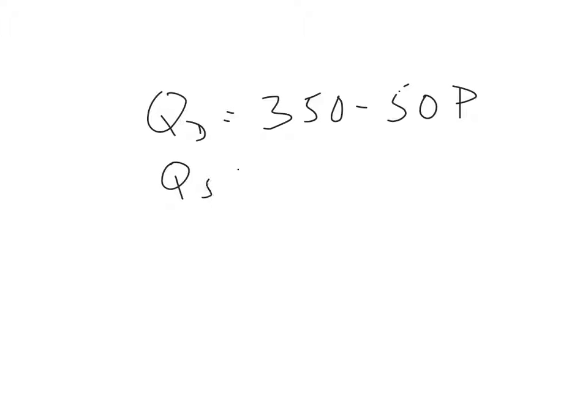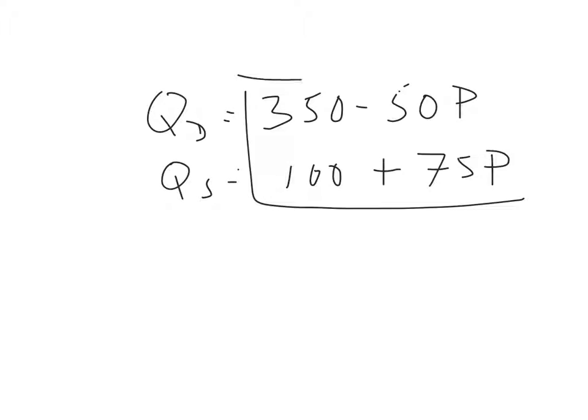Quantity supplied is equal to 100 plus 75p. If these were x's and y's, you know that you can set these two equations equal to one another, and then you only have one variable and one equation. So let's do that.